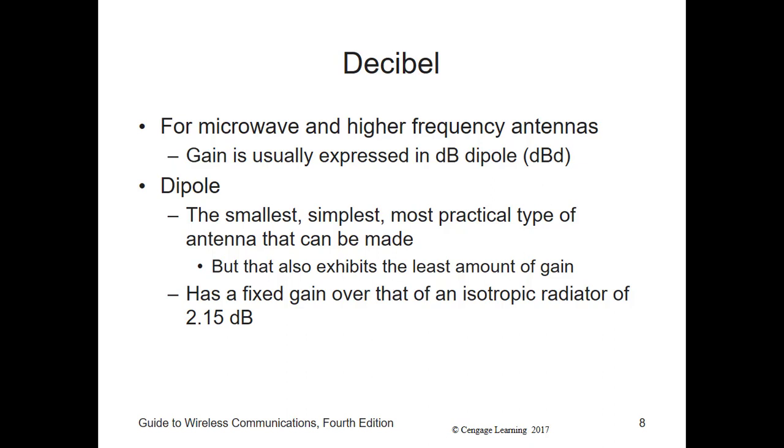If 0 dBm equals 1 milliwatt, then adding 10 dB makes the signal power 10 milliwatts, or 1 milliwatt multiplied by 10. Adding another 10 dB multiplies it by 10, making it 100 milliwatts.